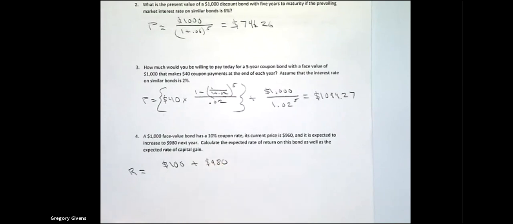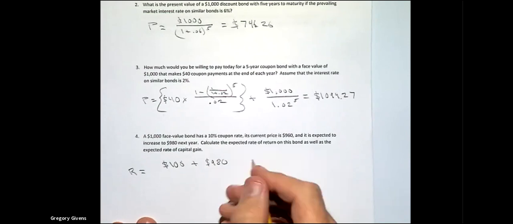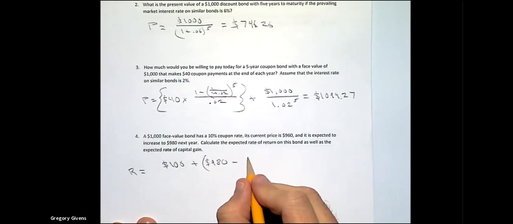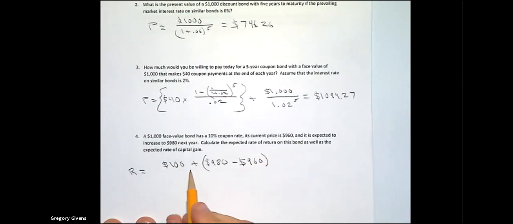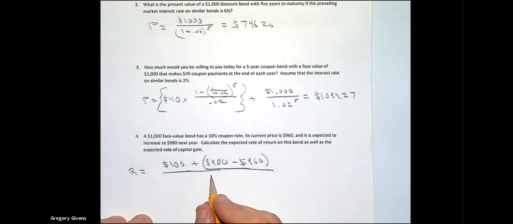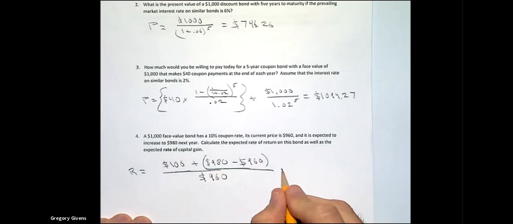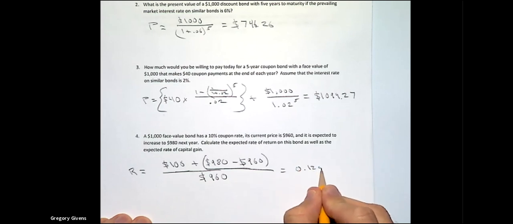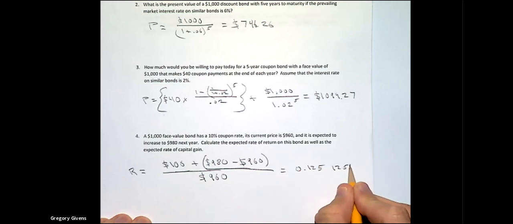The sale price of $980 that's expected next year, minus the original purchase price, which was $960. To calculate the 1-year holding period rate of return, we divide those 2 things by the initial purchase price of the bond, which was $960. And I think that is 0.125 or 12.5%.